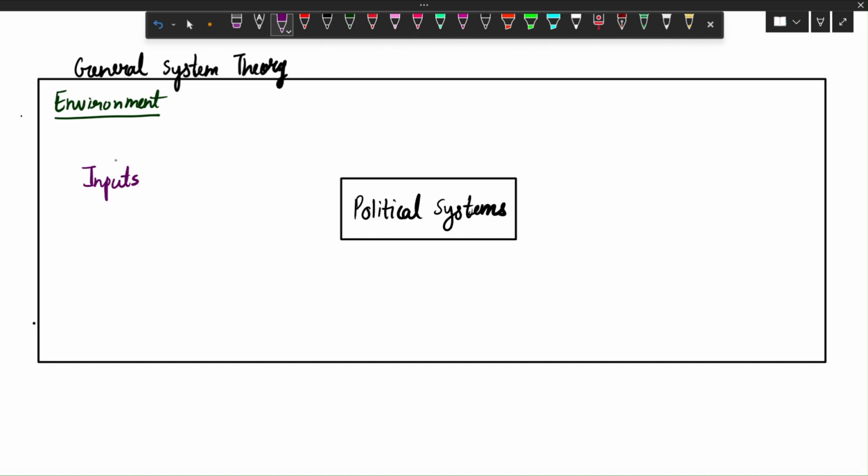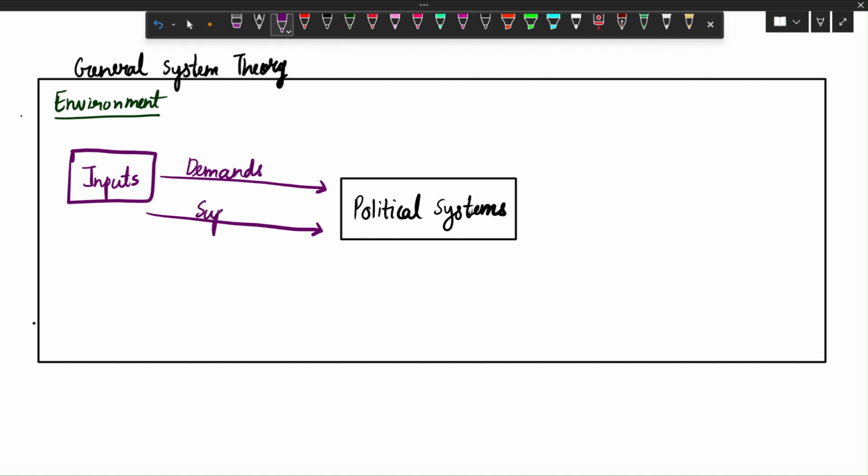Now basically, what are the inputs in a political system? Inputs are basically demands and supports from the citizens, or the interest groups or the pressure groups, which are inputted into the political system.